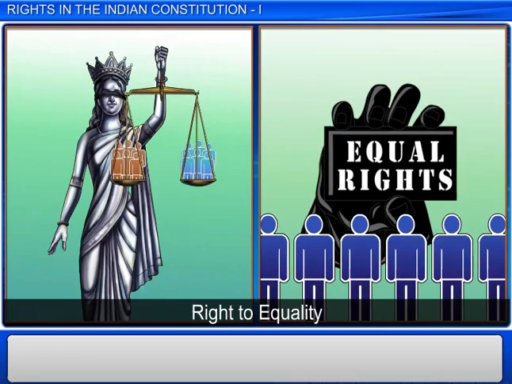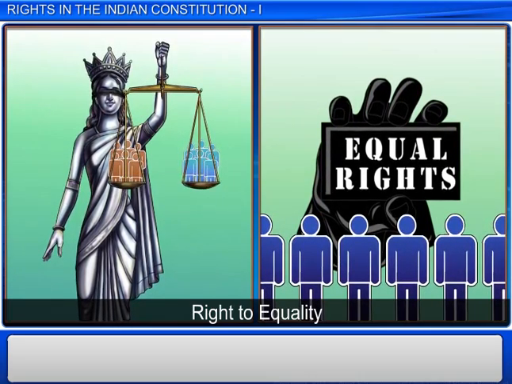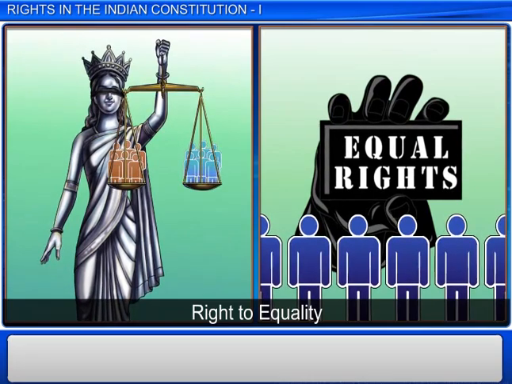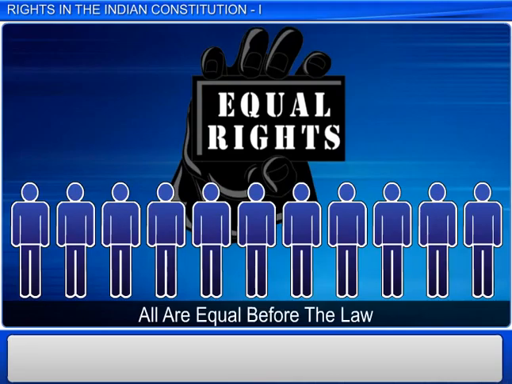The right to equality states that the government shall not deny any citizen of India equality before the law or equal protection of the law. The law says that no distinction will be made between a political leader, a government official, and an ordinary citizen.